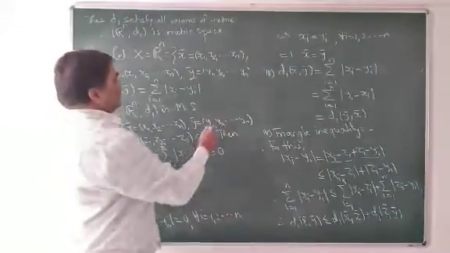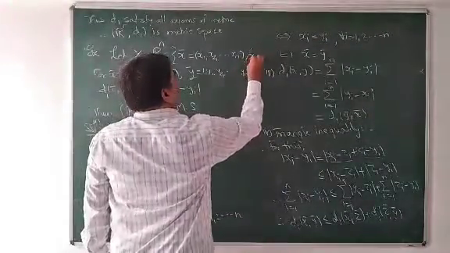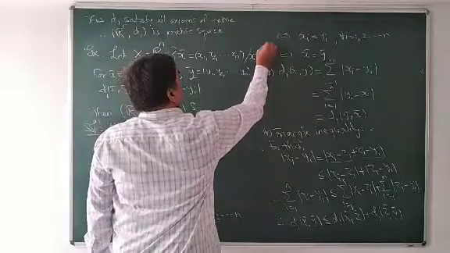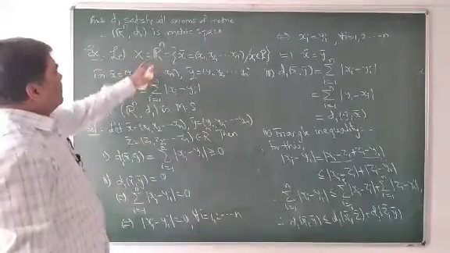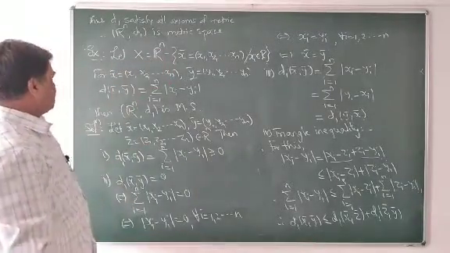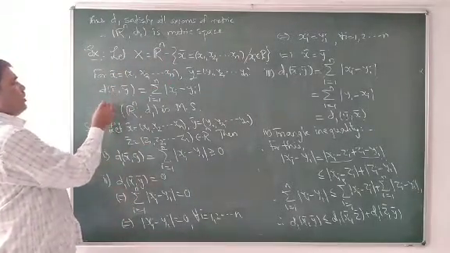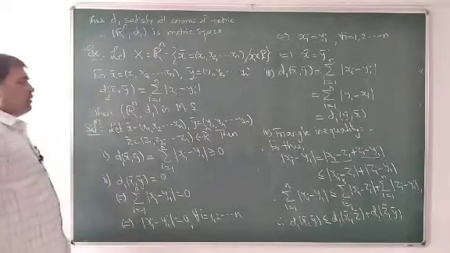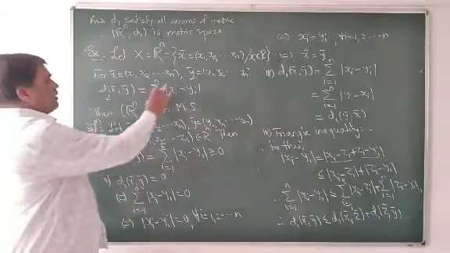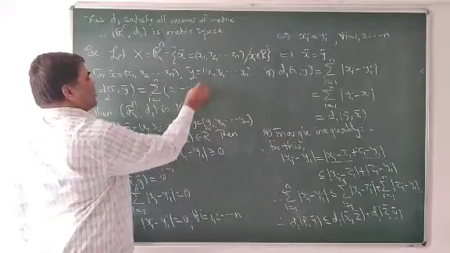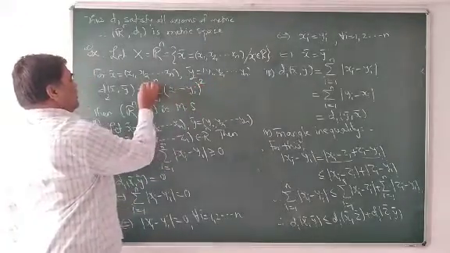Now again, if I take another example, next example, take X equal to Rn containing n-tuple vectors. Then I am now defining a d2 function on it. d2 is summation of i equal to 1 to n, xi minus yi, bracket square, whole thing raised to half.